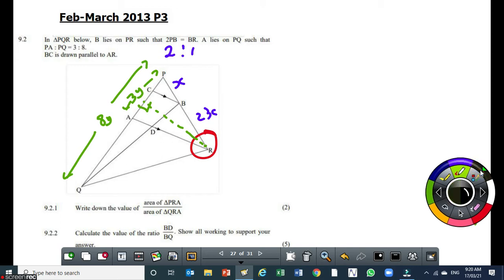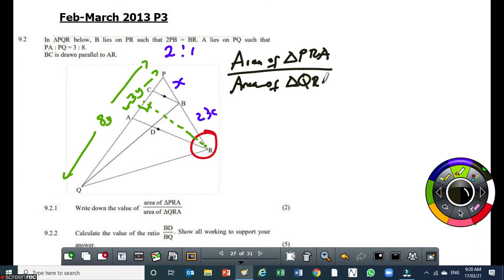So I'll write that area of triangle PRA all over area of triangle QRA is going to be equal to. Now, since I've realized that, okay, they share a common vertex, their bases are going to be on the same line, therefore their height is common.